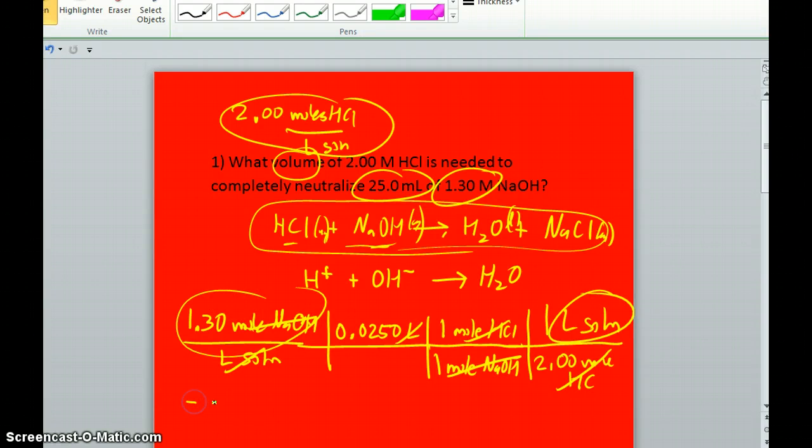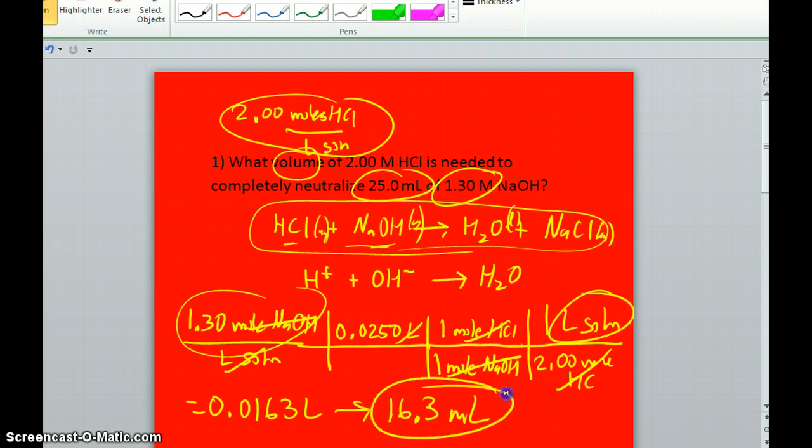And the value comes out to 0.0163 liters, otherwise known as 16.3 milliliters of solution. So you see, it's going to take me 16 milliliters of this more concentrated solution to neutralize 25 milliliters of this less concentrated solution. And that makes sense because I need the two reactants in a 1-to-1 ratio.